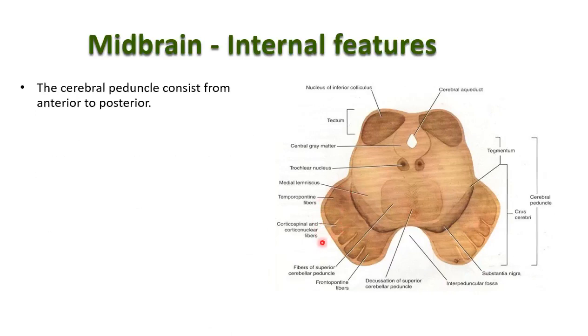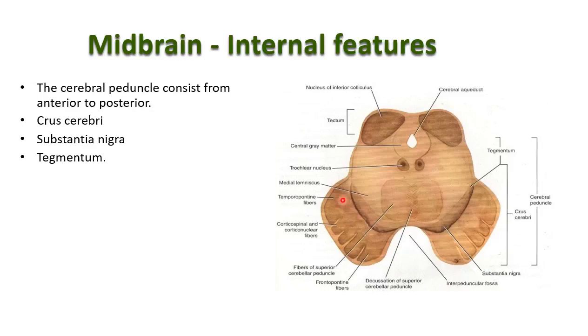So this massive cerebral peduncles, from anterior to posterior, has three parts: crus cerebri, then a band of gray matter which is called the substantia nigra. So crus cerebri, substantia nigra, and more posteriorly what you see is the tegmentum.